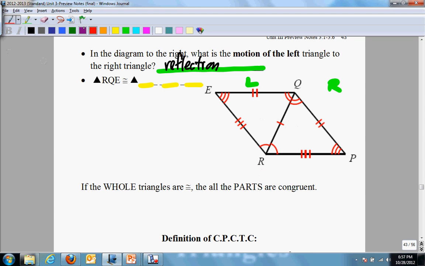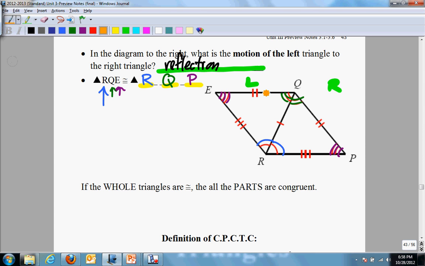And for the second one, R corresponds with the single sweep R on the right-hand side, so it's going to be vertex R. Q, double sweep, corresponds to the double sweep Q on the right, so RQE goes with, and then E corresponds, triple hatch, with this vertex P. So just to clarify, from left to right, RQE.